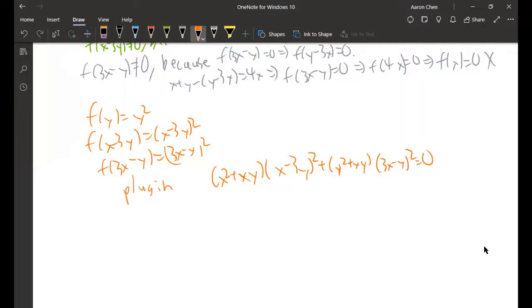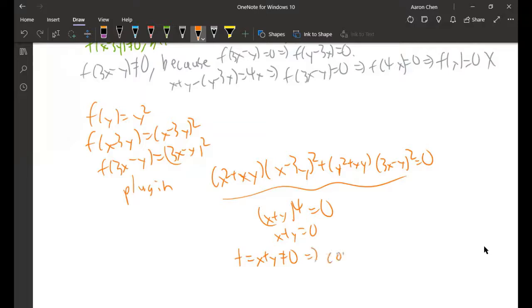And we can factor this left-hand side as simply just x plus y to the power of 4, and this equals 0. But at the same time, this would imply that x plus y is equal to 0. But we also define that t is equal to x plus y, and it's not equal to 0. And so this is a contradiction.